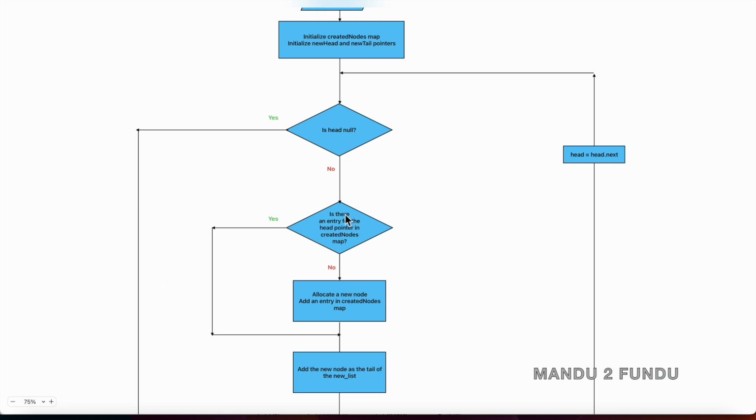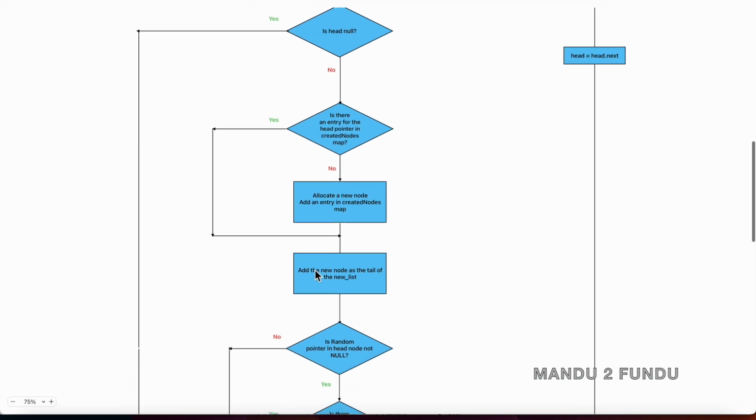Otherwise, we check whether there is an entry for that head pointer in the created map. If there is an entry, a copy has already been created for that node. If there is no entry, then we create a new node, add an entry in the created nodes map, and add the new node to the tail of the new linked list.